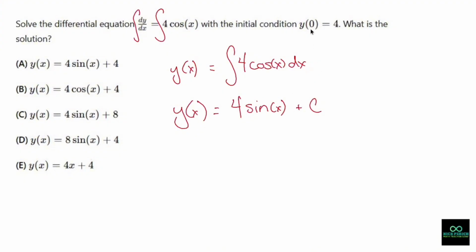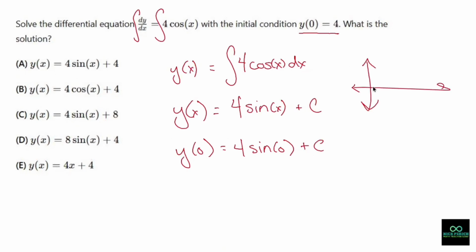What do I know? It tells me right here that y of 0 is 4. If I want to find out what c is, I'm going to replace x with 0, so 4 times sine of 0 plus c. Sine looks like this, so sine of 0 is 0.